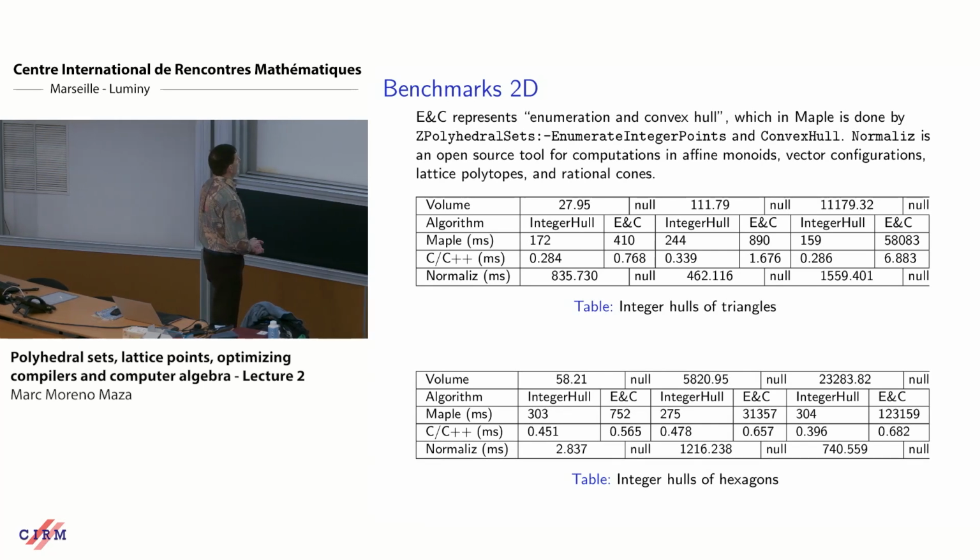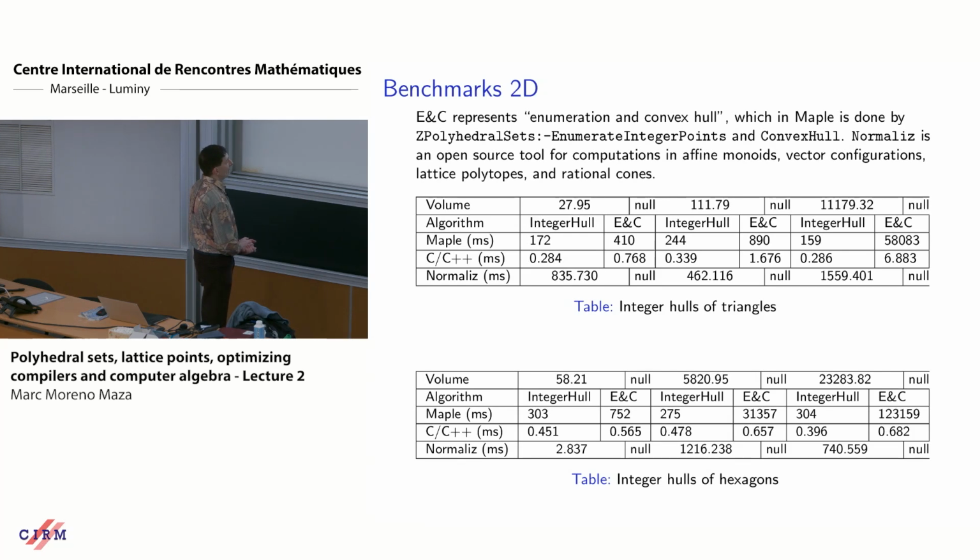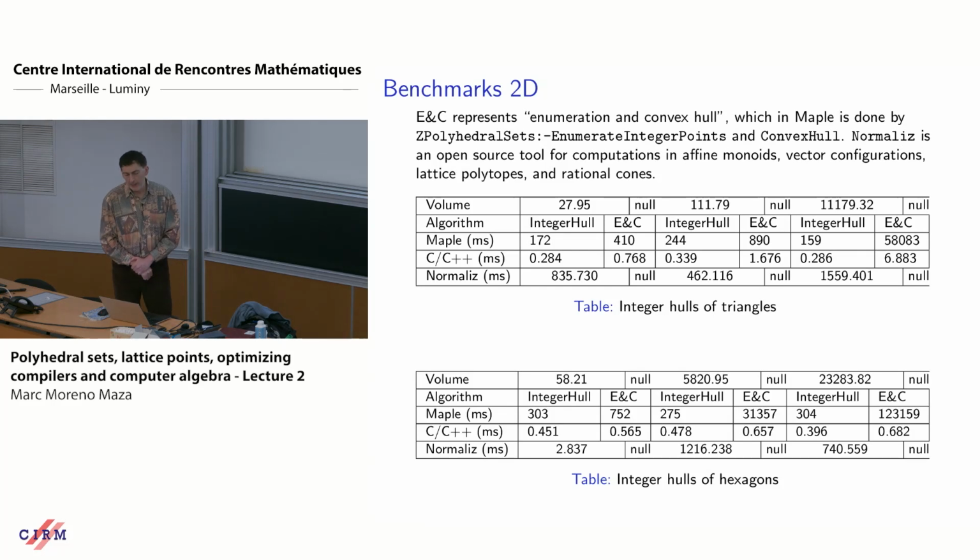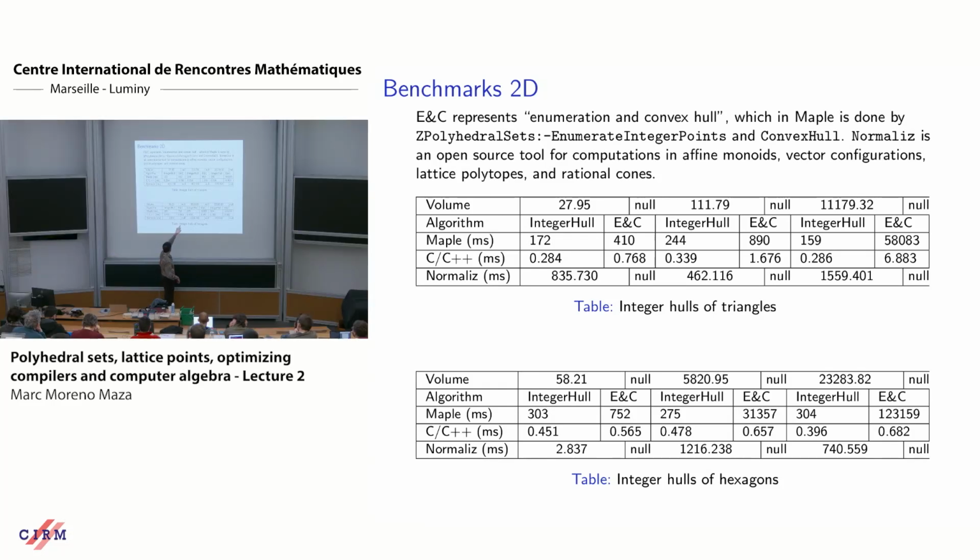And we compared our implementation against Normaliz, which is a well-known library for this sort of computation, dealing with lattice points and so on. Again, unfortunately, you have this null everywhere, but not in the paper.